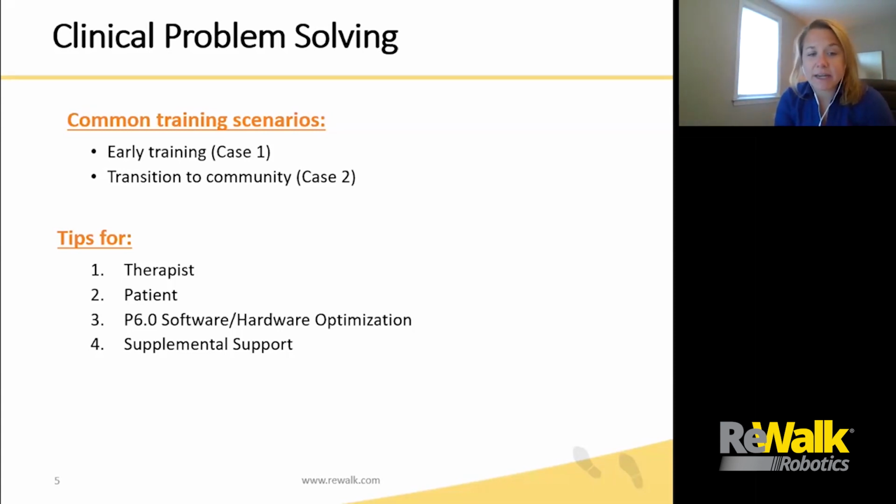So our first case is going to be an early training scenario where someone's just getting started with their walking. And then our second case will go into transitioning patients and ReWalkers into the actual home and community. For each case, we'll break it down and show you things that the therapist can do, the patient can do, the software or hardware can do, and supplemental supports can do to help along this process.